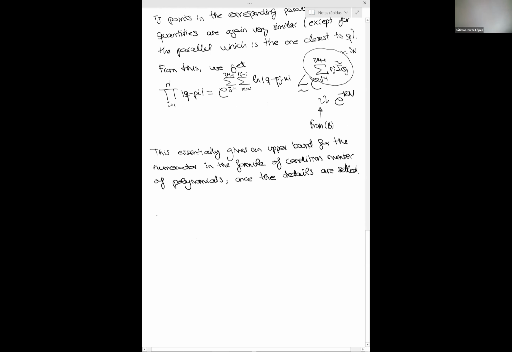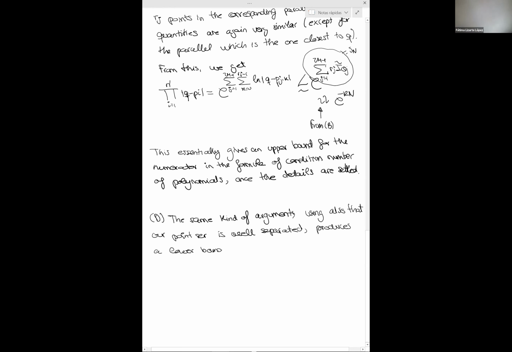Finally, step D. The same kind of argument, using also that our point set is well separating, produces a lower bound for the denominator.